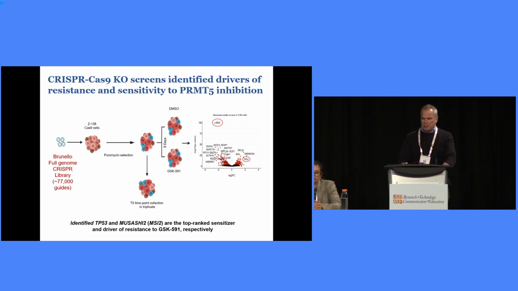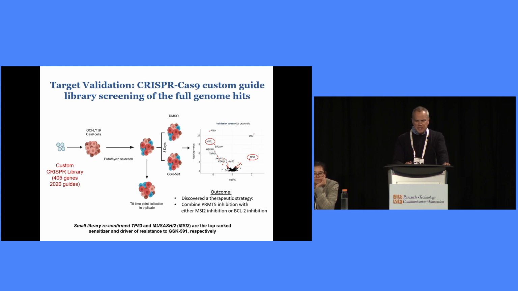So just to confirm our results, instead of the 77,000 guides, we made a smaller library of all the hits, so 405 genes with about 5 guides per gene, and ran the same screen with drug and without drug, and unmistakably reconfirmed that P53 was the top sensitizer and the driver of resistance was going to be Musashi.